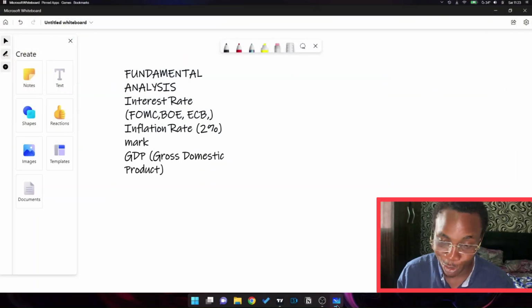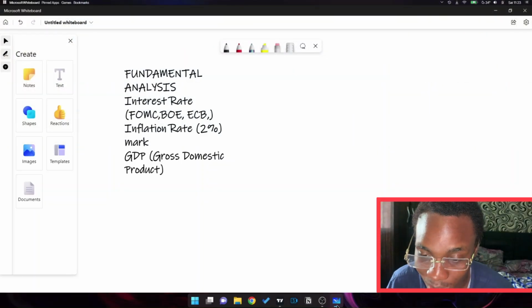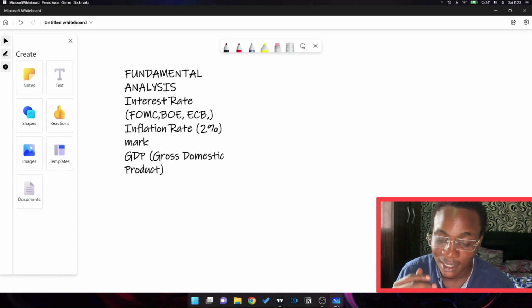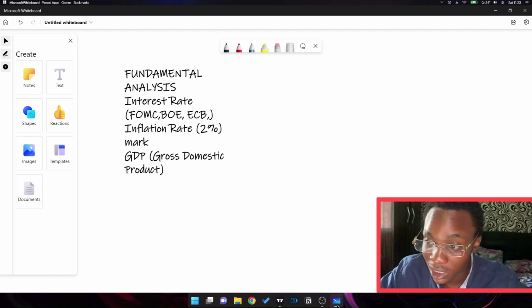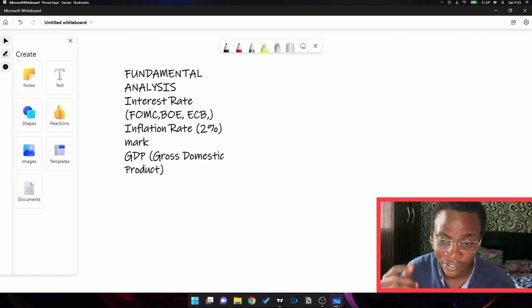The basic ones you should know are the interest rate, inflation rate, and gross domestic product. These things can affect the whole economic state of a country, or the value of a currency, very well.